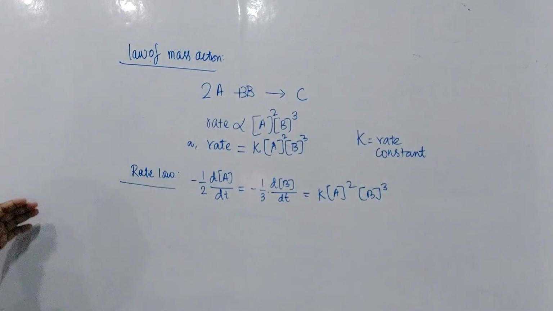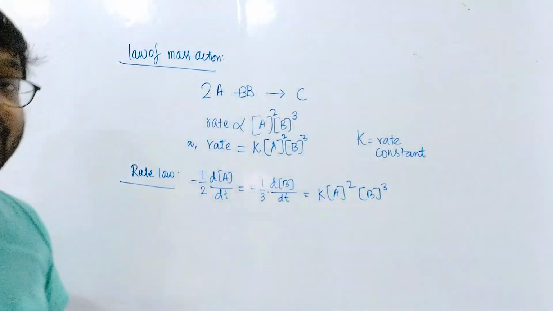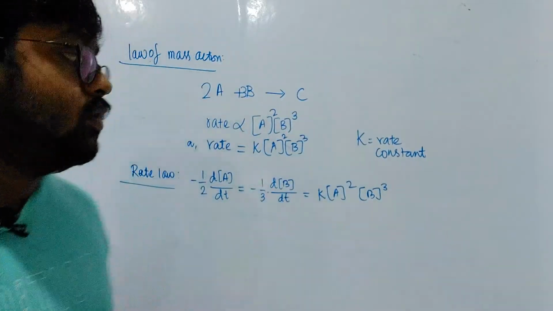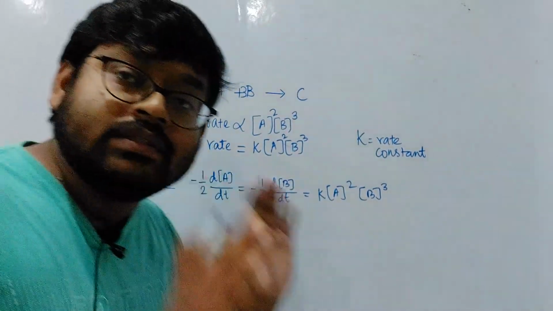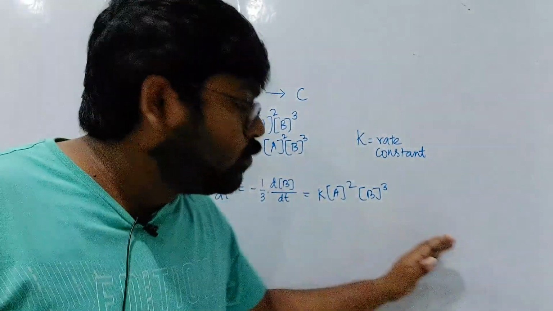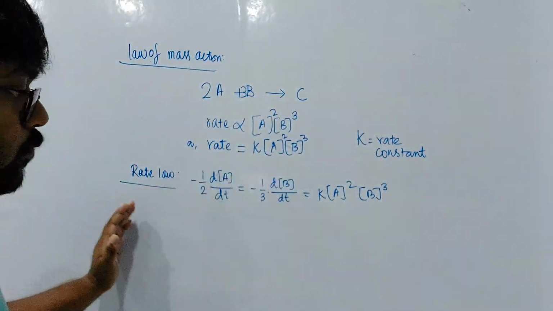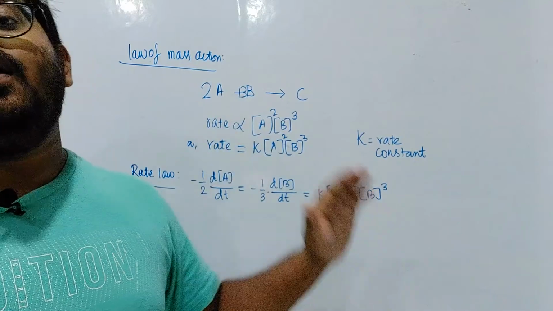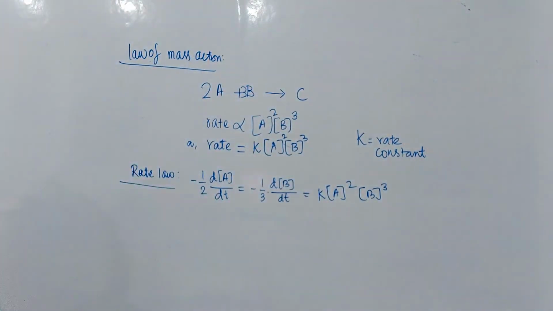So this entire thing is known as the rate law of a chemical reaction. This is very important in the context of our study. This we have to understand, and we will have to use it. The applications are there.